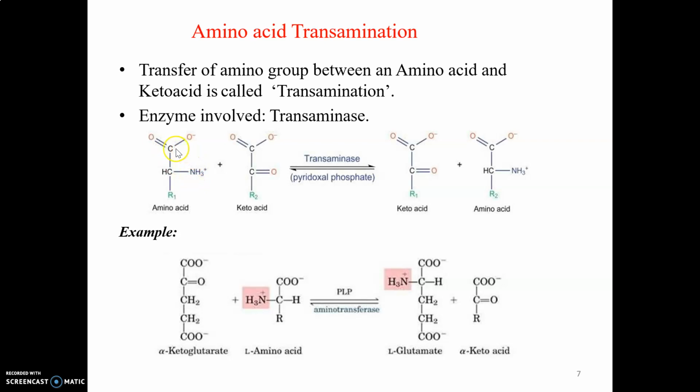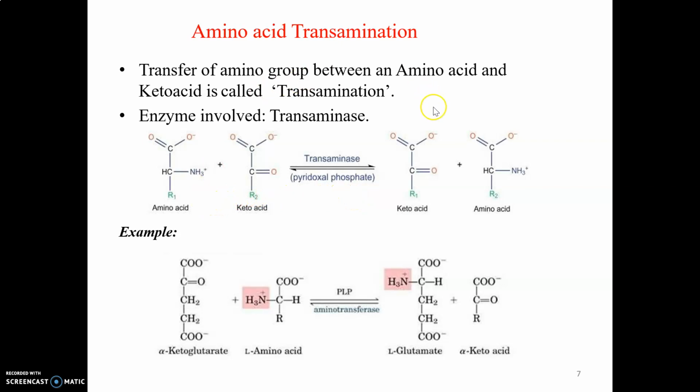In all the reactions, amino acids enter in their zwitterion form when they undergo the reactions. So, transfer of an amino group from one amino acid to a keto acid with the help of an enzyme transaminase which requires pyridoxal phosphate, PLP.